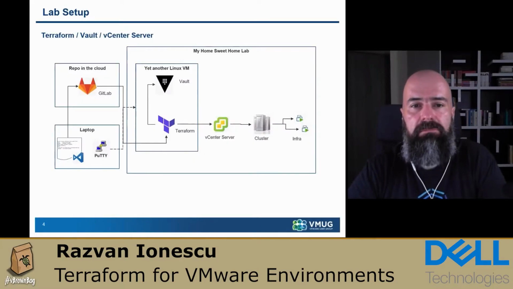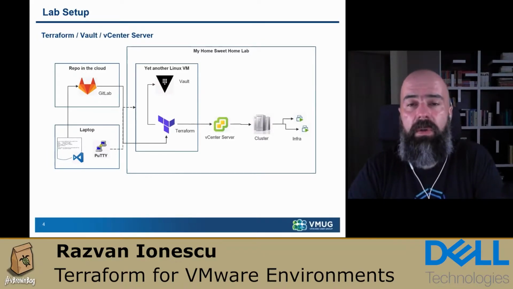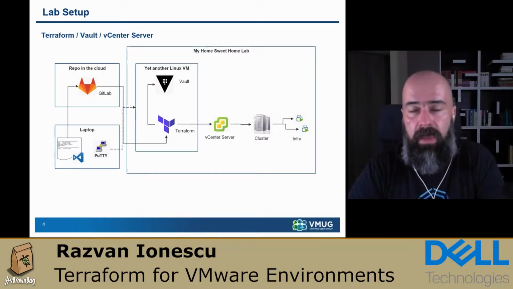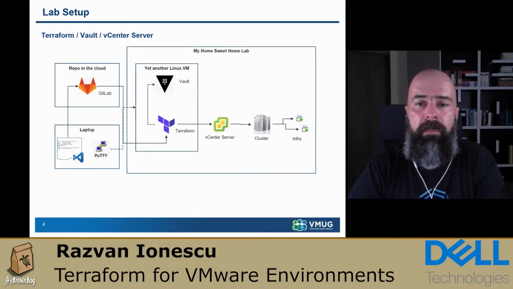Next, we'll take a look at a simple environment setup, and we'll go very fast through a bit of code for a project. So in this environment, there is a very basic configuration. There is a development environment, a laptop with a code editor. And since having all your code written and kept only on a laptop is never a good idea, you can also use a repository in the cloud, such as GitLab in my case.